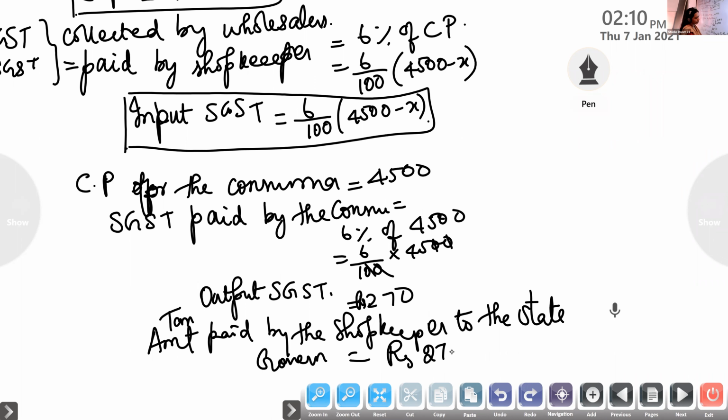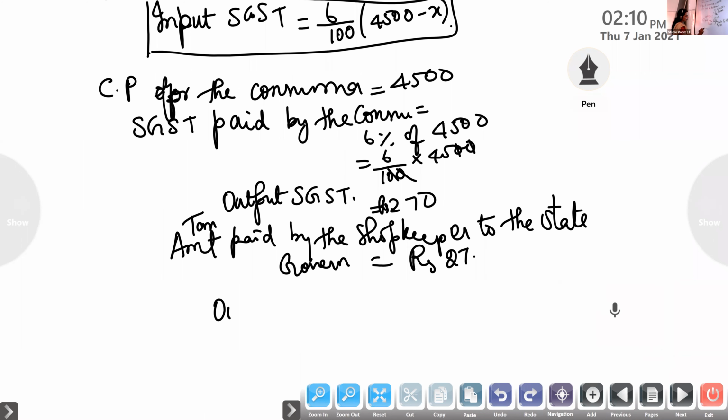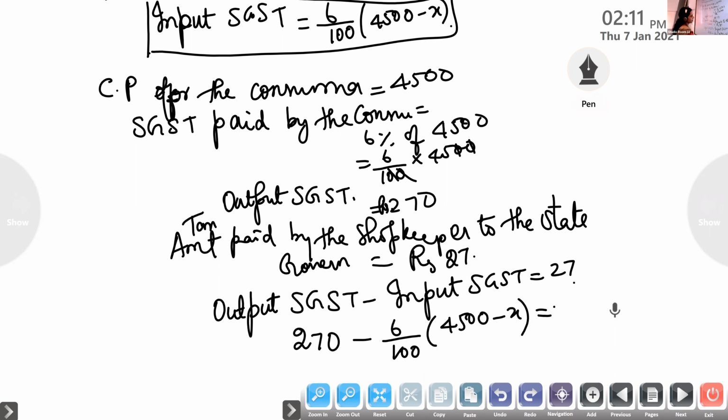According to the formula, the amount paid to the state government is output minus input. Output SGST minus input SGST is 27. So the output SGST, 270, minus input SGST, 6 by 100 of 4,500 minus X, is 27.